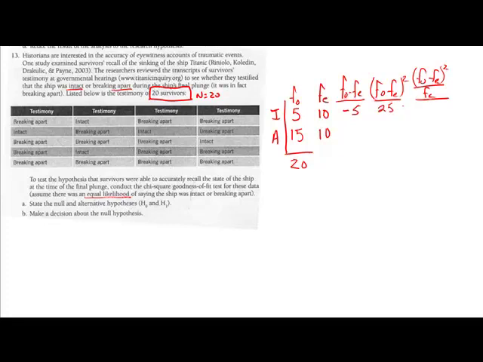And when you do 25 divided by the frequency expected, which is 10, you get 2.5. 15 minus 10 is a positive 5. Positive 5 squared is 25. Hopefully you've noticed the pattern here when you have two groups. In order to get the chi-square, I have to sum these two. So I have a chi-square of 5.0.